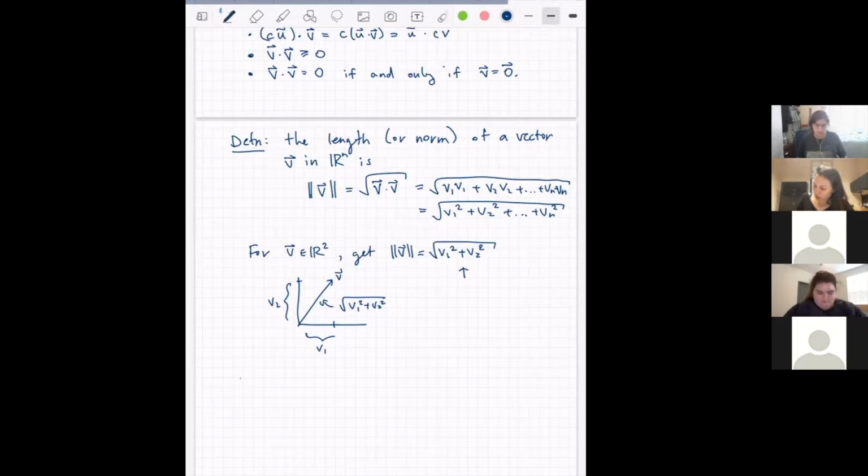One thing to note is that if we take v and multiply by a constant, we want to figure out what the norm of that would be. Okay, so how does this differ from the magnitude of a vector? This will be the same as the magnitude. Yeah, so I guess you could also call this the magnitude.